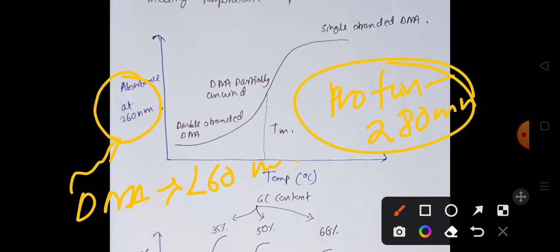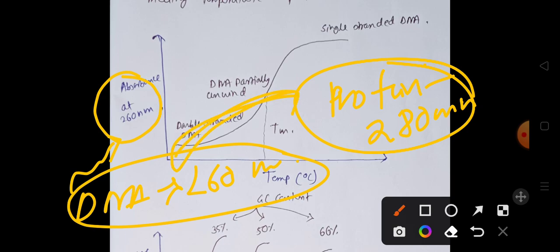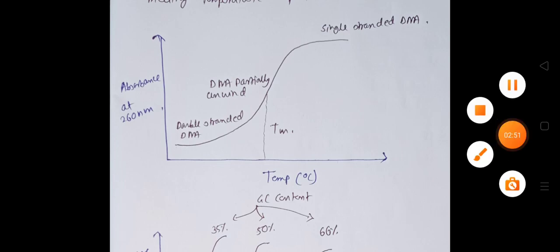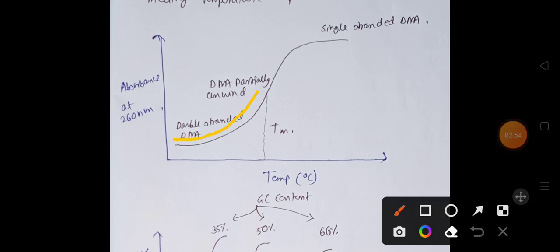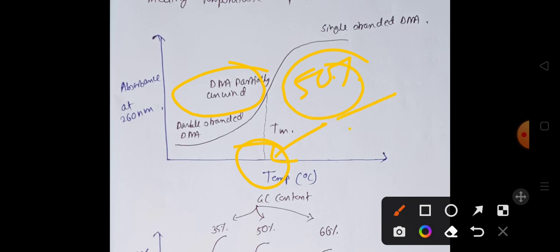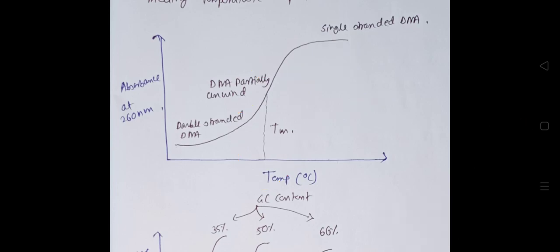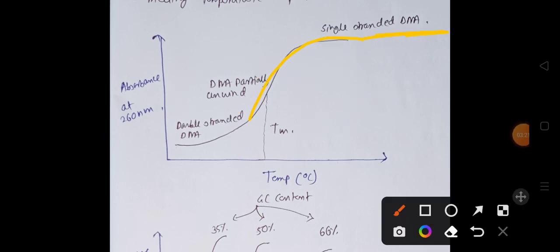That is a very important thing, and I often get confused between them, that's why I have told you. So here we are going to get a graph something like that. As you can see, the DNA is denaturing with increase in temperature, right? And this is the point which we call the melting temperature, where the DNA is partially unwound. Partially means 50% of the hydrogen bonds are broken down. And then when we increase the temperature, it will be totally converted into single stranded DNA.